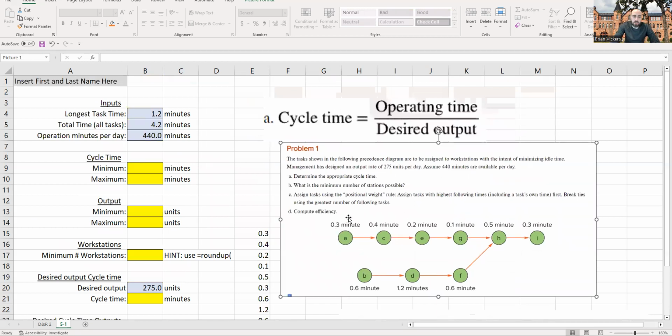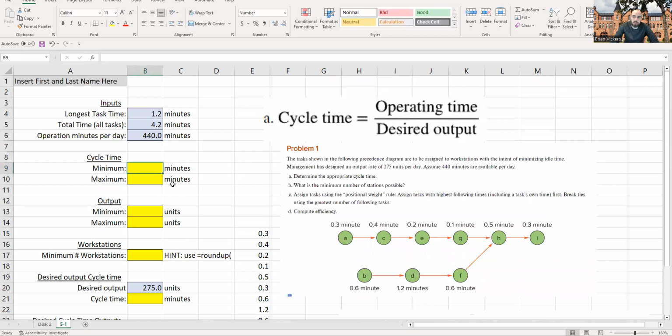So with this in mind, we can figure out what the amount of time it would take to complete 1 unit could be, worst and best case scenarios. So the minimum possible time it could take to create 1 unit is always going to be equal to whichever of the individual task times is the longest.